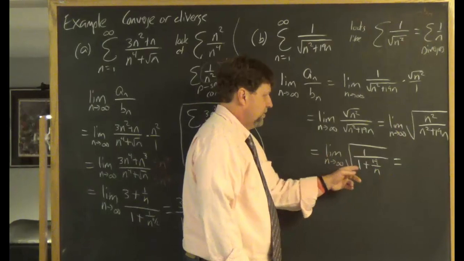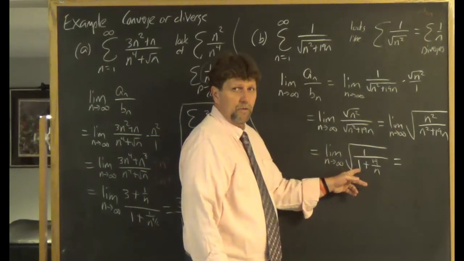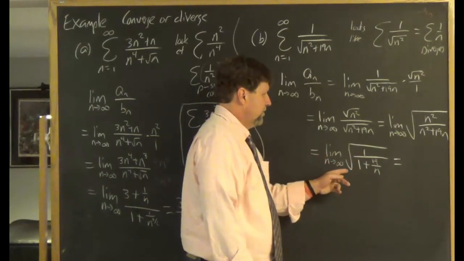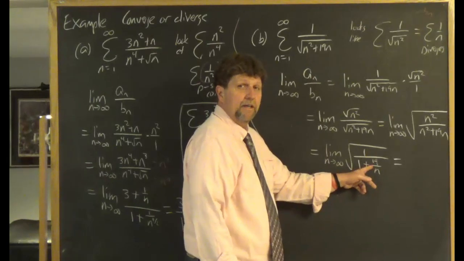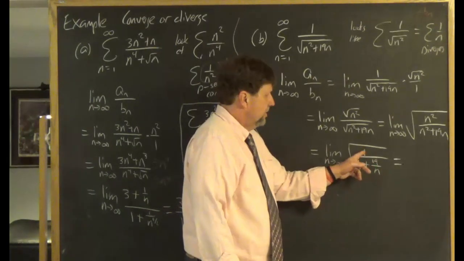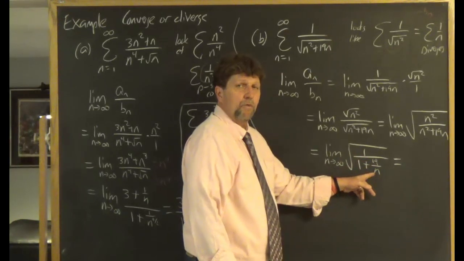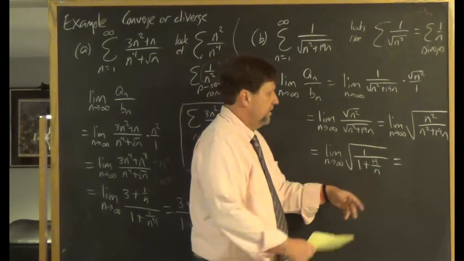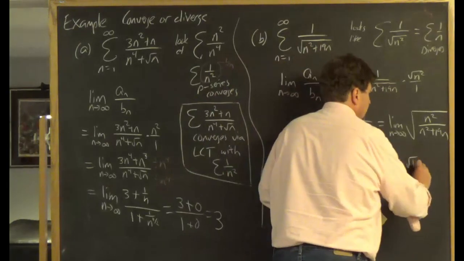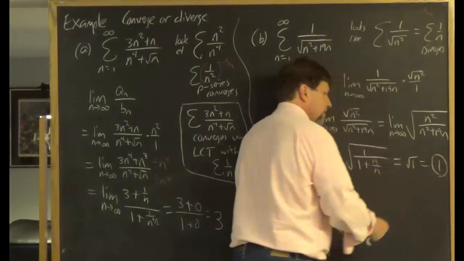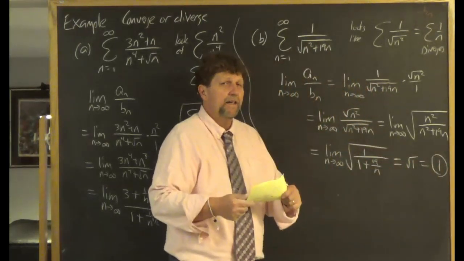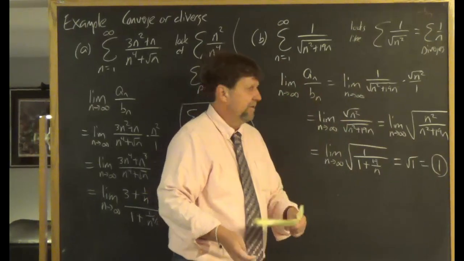The limit of 1 is 1. The limit of 19 over n is 0. So I have 1 over 1 plus 0. That's 1 over 1, which is 1. The square root of 1 is 1, which is most definitely finite and positive.